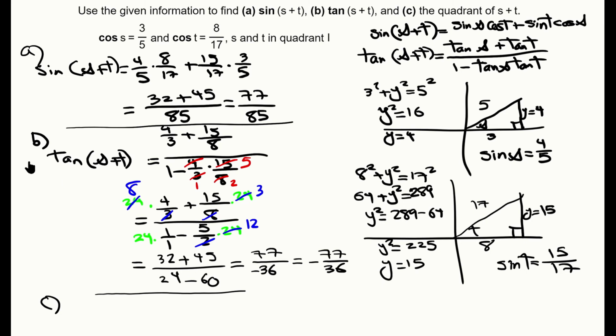Now, if you remember, tangent of s plus t is equal to sine of s plus t over cosine of s plus t, right? So we have that the tangent is negative, right? And we know that the sine is positive.